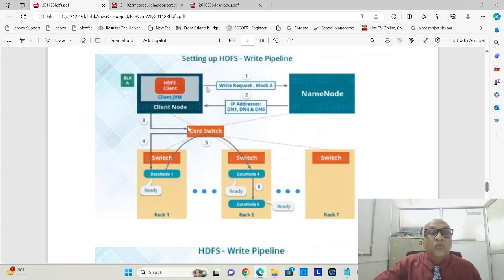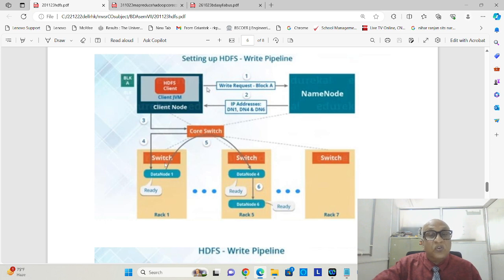The client node will be going to the core switch, and from the core switch it will be going to the specific switch, and from there you can see block A is being written at data node 1. But before that, what is happening? It is checking the readiness of data node 1. Are you ready to receive the data? Once it gets the acknowledgement, data node 1 will be receiving block A.